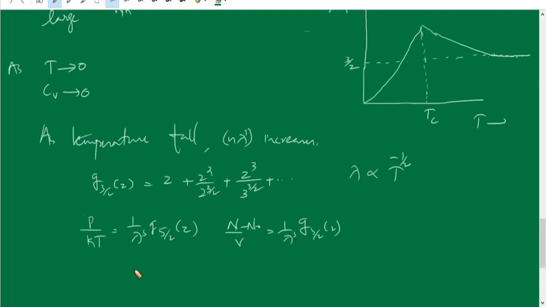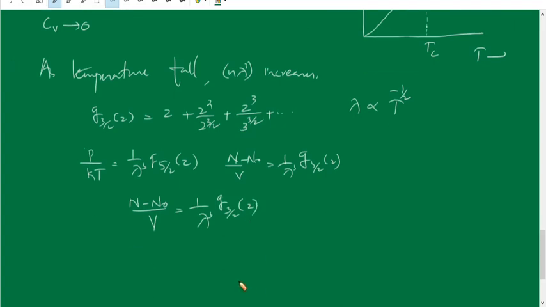Therefore, this (N minus N0) divided by V can be written as 1 by lambda cube g 3 by 2 of z. Here N minus N0 is the total number minus the number of particles in the ground state. That is given by the number of particles in the excited state.